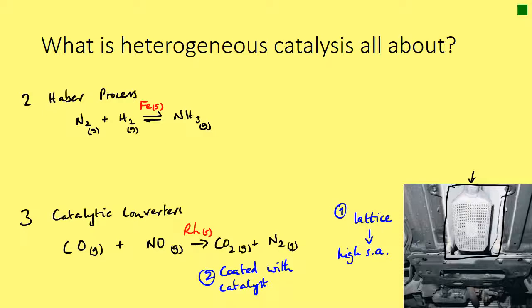And so you just coat some ceramic. So the middle of it is made out of ceramic, which is easy to shape in a lattice shape and also cheap, much cheaper than rhodium. Right, so that is the second feature of catalytic converters that you should be familiar with: we just coat a cheap material with our expensive catalyst.